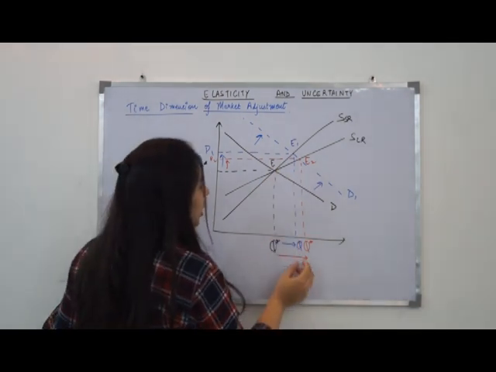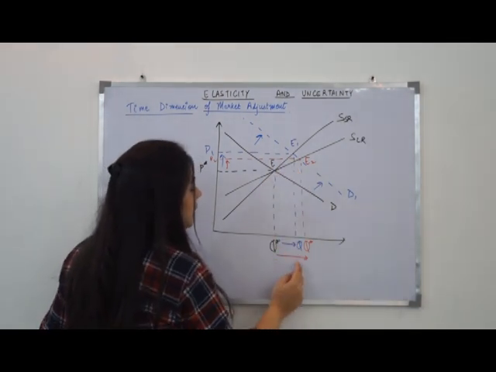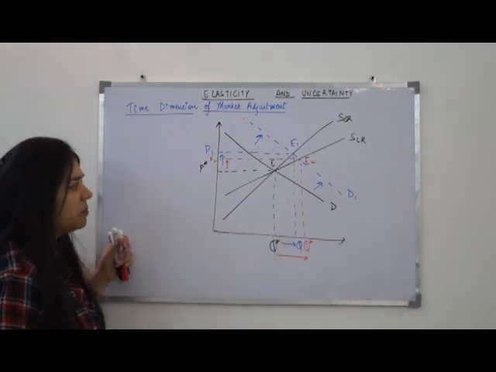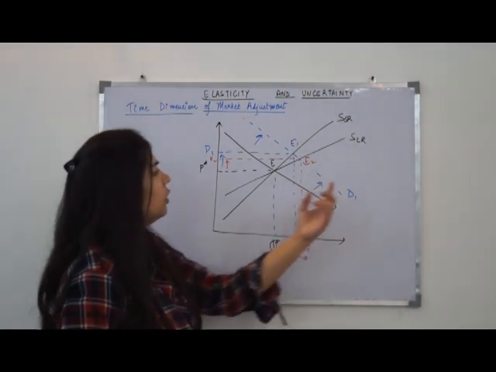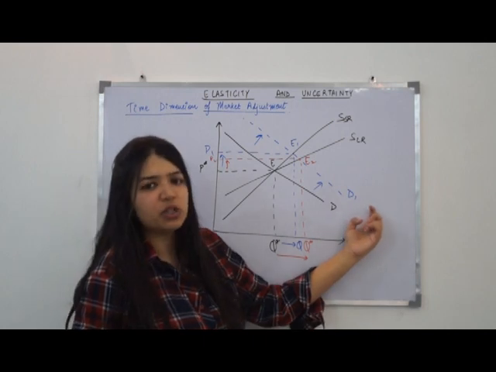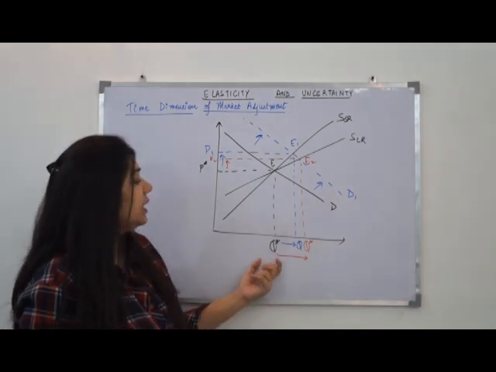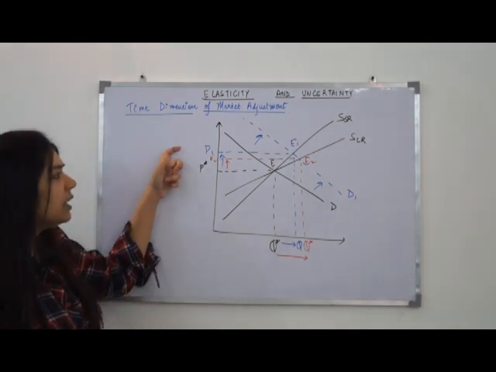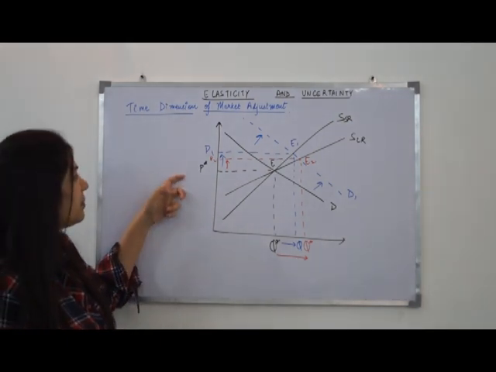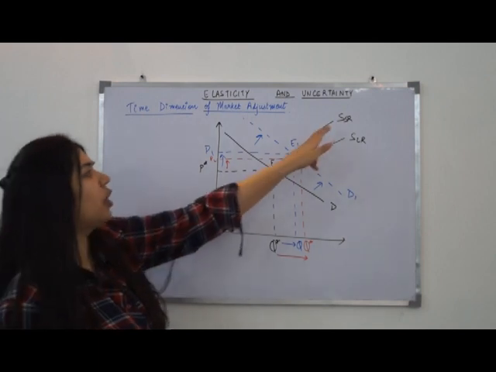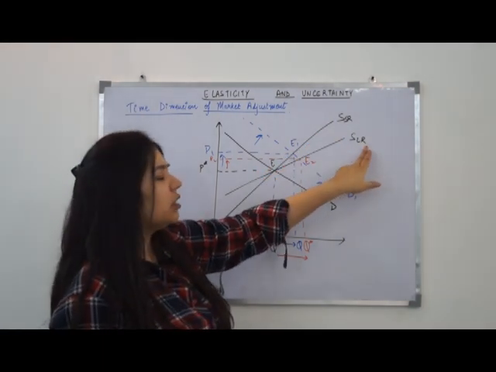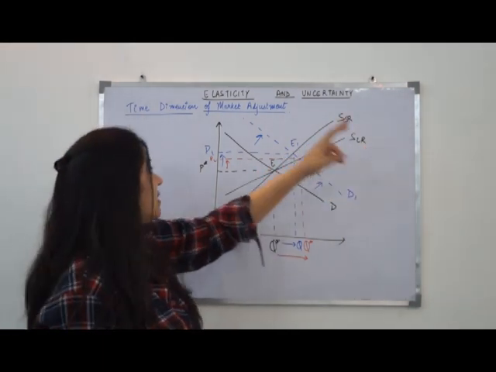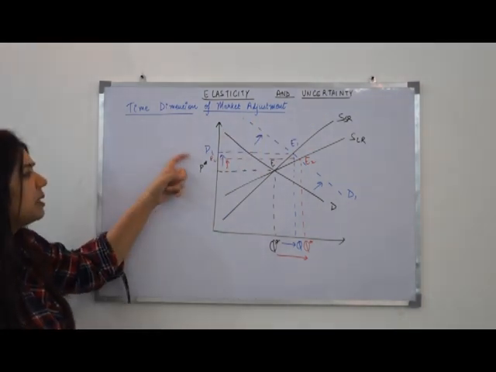And the quantity is increasing at each and every equilibrium. So we know that in the long run, if the demand curve shifts towards the right, the quantity traded is definitely going to increase, but there will be a little fluctuation in the equilibrium price, because it will initially increase in the short run, but as the supply gets more and more elastic, we will see that the price ultimately falls.